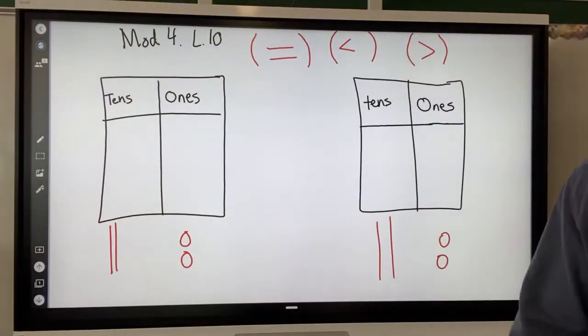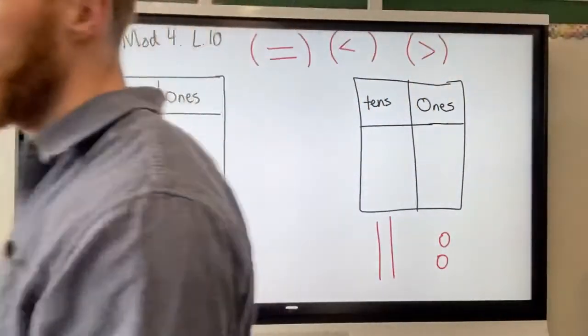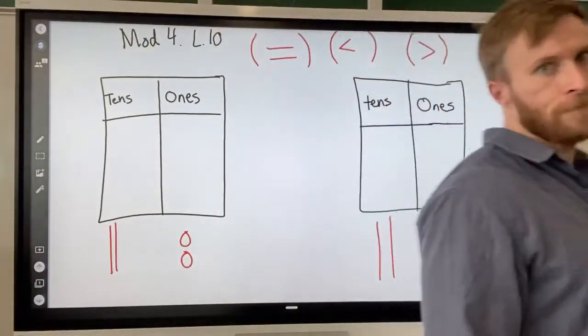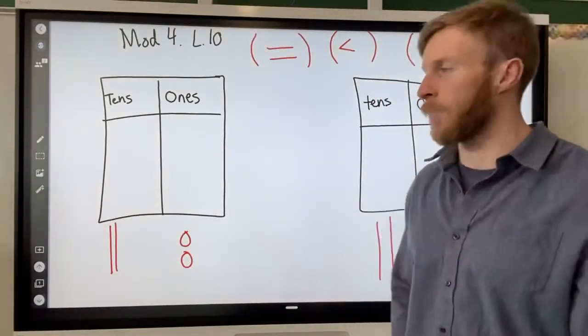All right, take a couple seconds, figure out what numbers those are. Five more seconds. 4 more seconds. 3, 2, 1. If you need more time, like I always say, go ahead and pause the video.